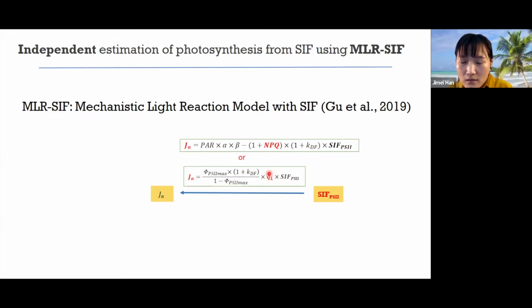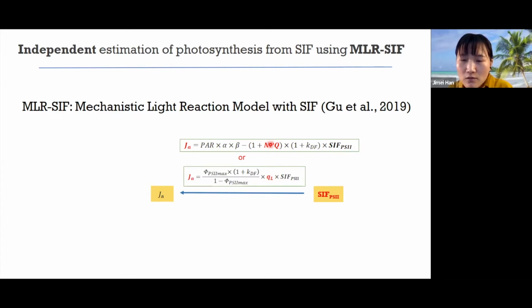Like the QL, it reflects the redox state of PS2, and it provides the steady state approximation of the cytochrome b6f that plays a central role in steady photosynthesis.